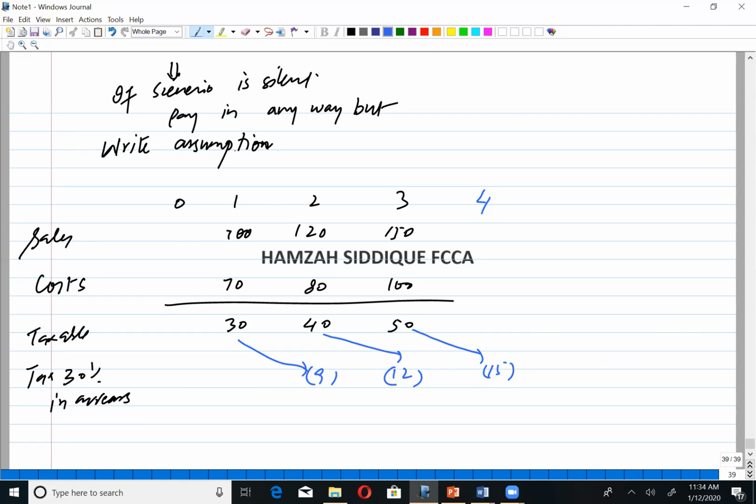Arrears. Same year is very easy. Is it clear?